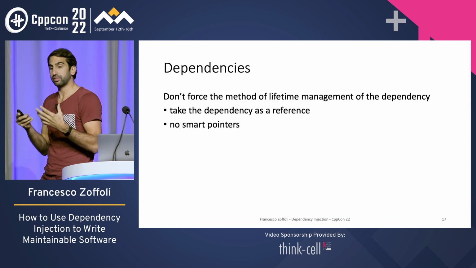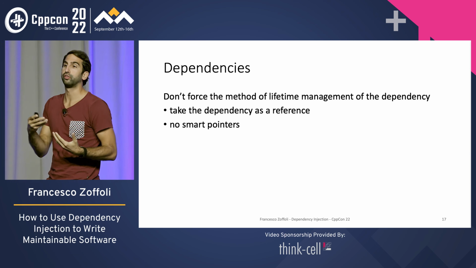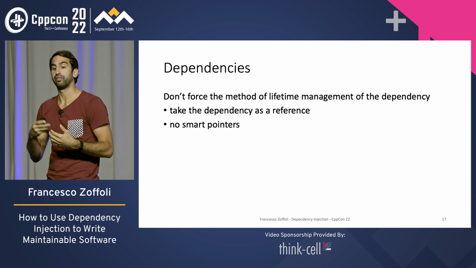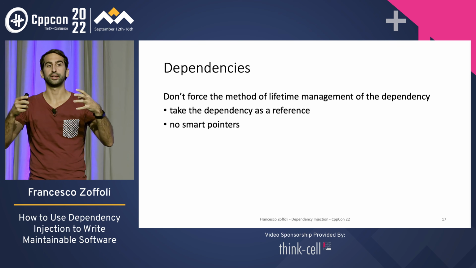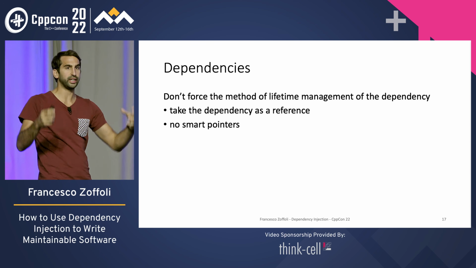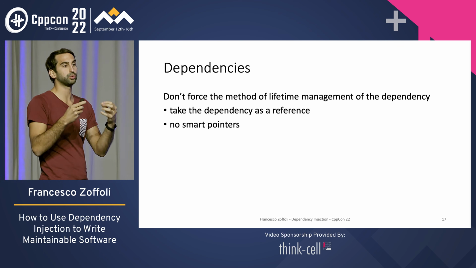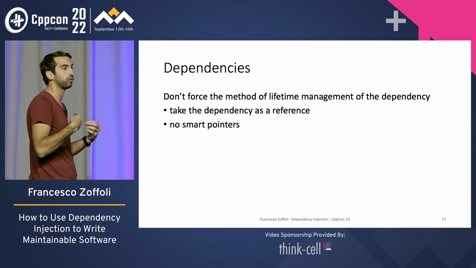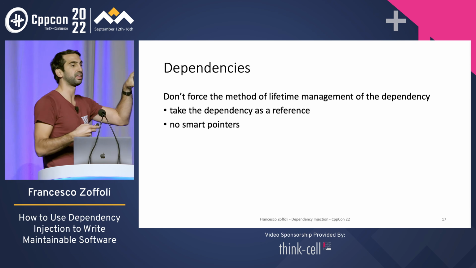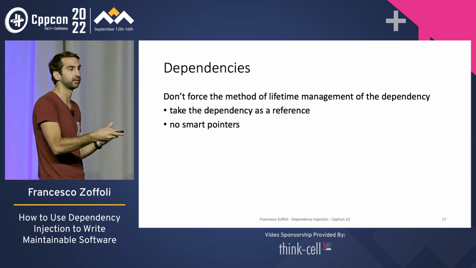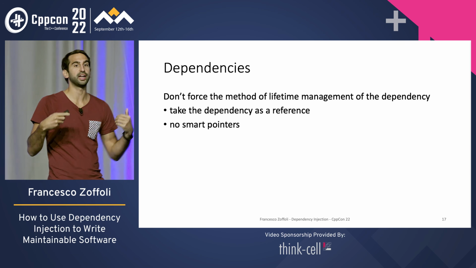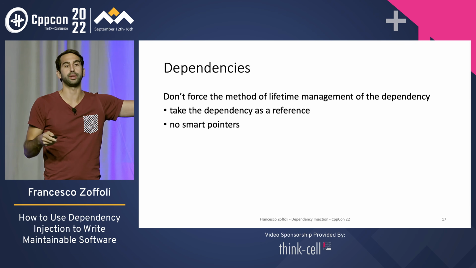And one of these parts is actually that we don't want to force the lifetime management for the dependencies. And the reason is that something is owning our component and is responsible for the lifetime of our component. And that same thing can also be responsible for the dependencies of our component. Our component is just saying, I need someone to do something for me.